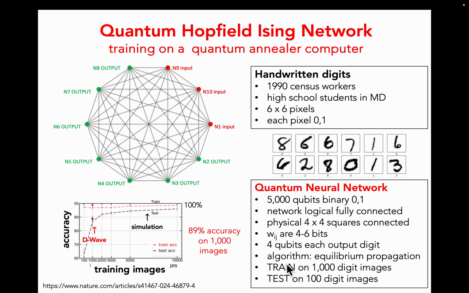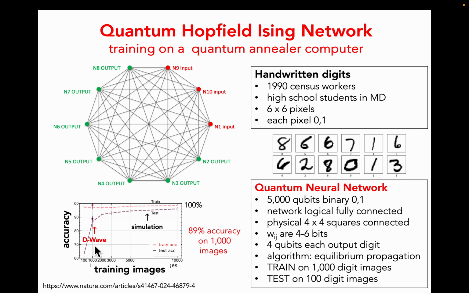So we're going to train this network on 1,000 pictures of digits and test it on 100. Here, as the number of training images increases, you can see the training accuracy, and the test accuracy over here of the actual quantum computer is about 89% accurate.